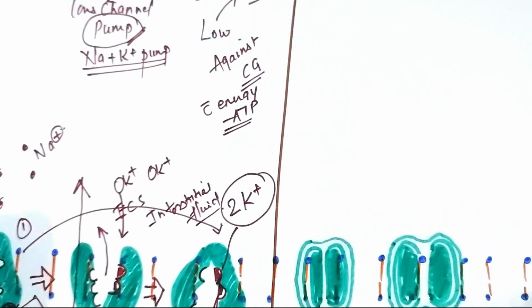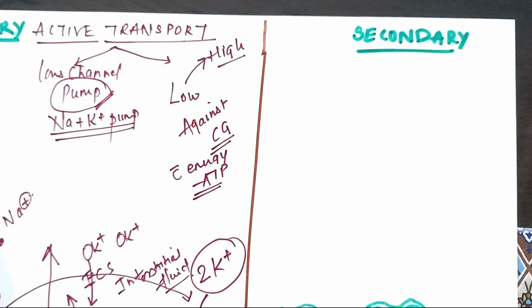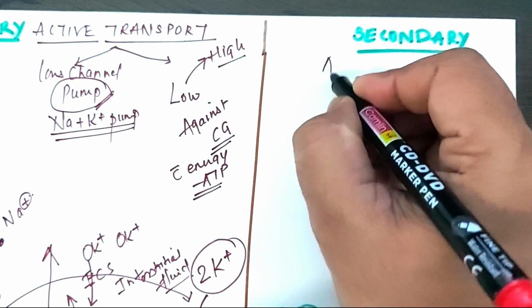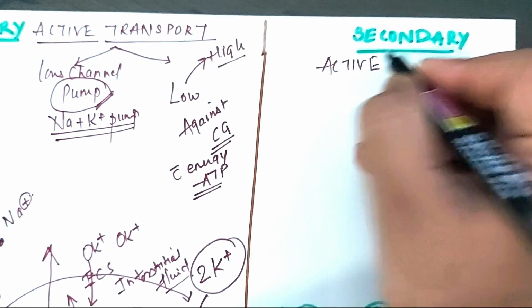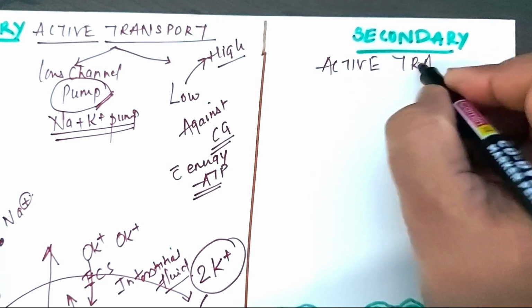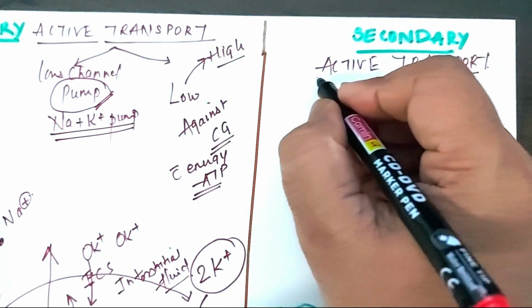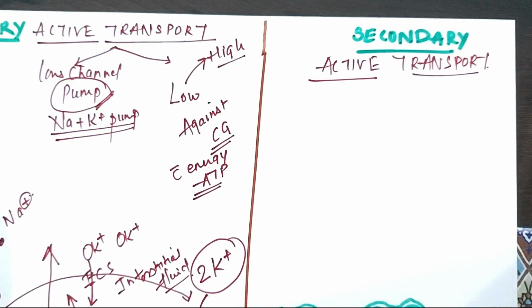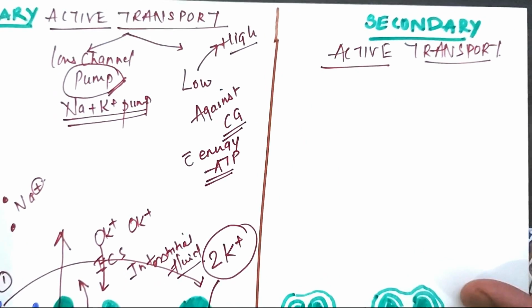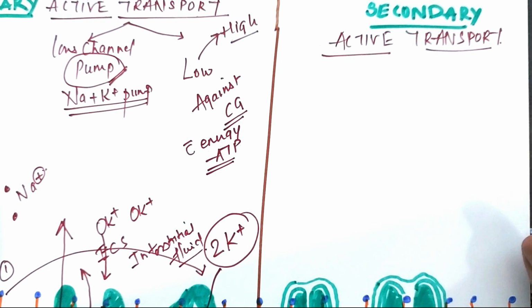Now understand what is secondary active transport. Secondary active transport will take the help of the primary molecule and couple with another molecule which does not have the pump.